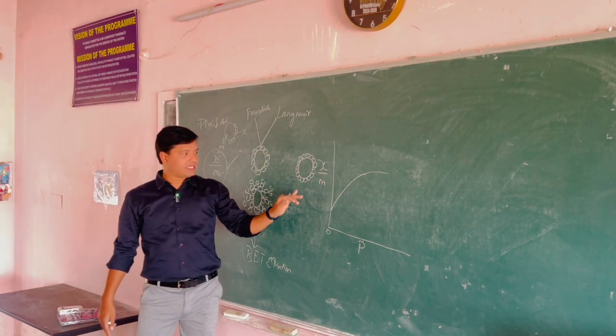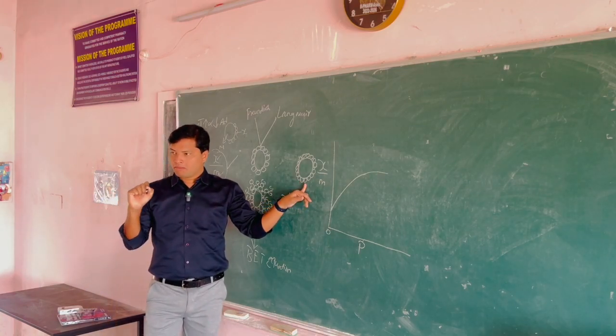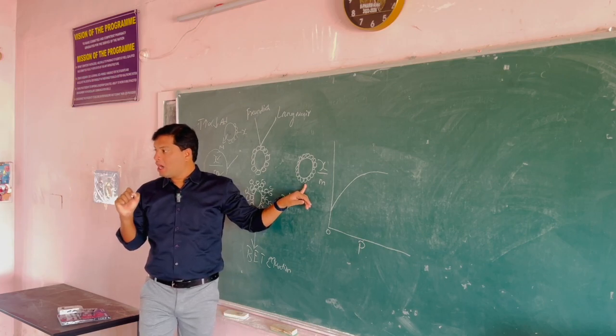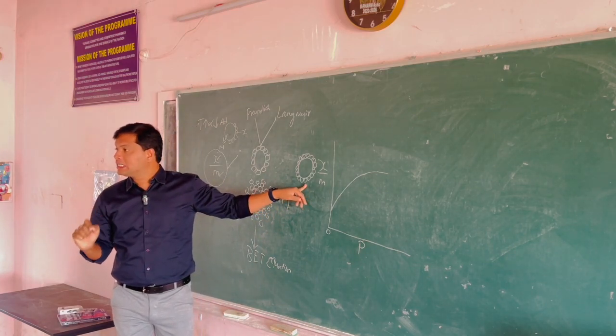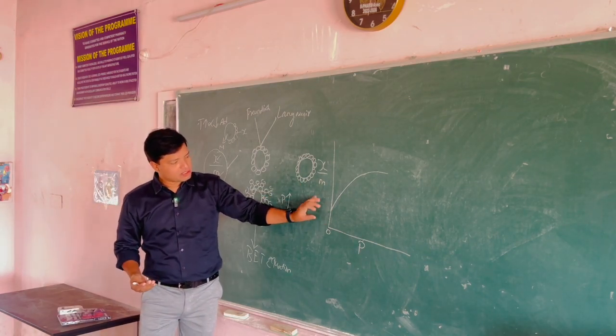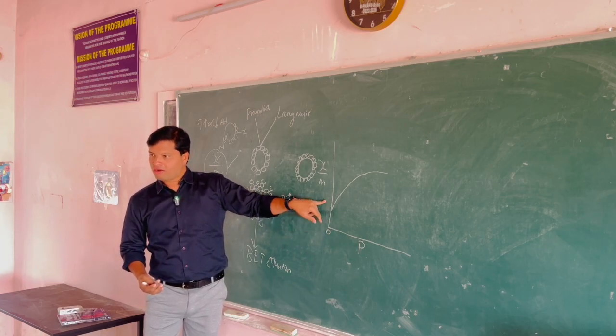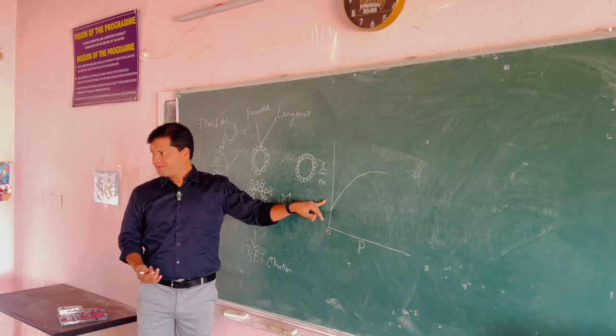Okay, I explain once again. Initially, a few gas molecules adsorb on the charcoal without increasing pressure. This gap indicates that at zero pressure we already have some concentration.